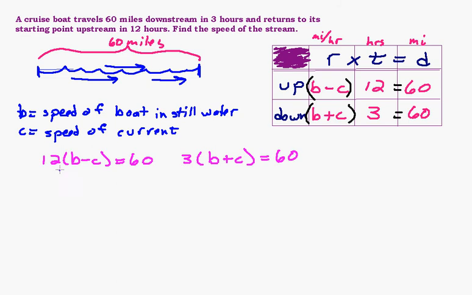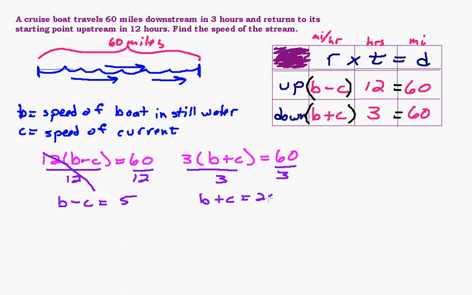So instead of distributing the 12, I could divide both sides by 12 here, and it's going to come out really nice. I get these 12s canceling, and I get B minus C equals 5. And on this one, I could divide both sides by 3, and I get B plus C equals 20.